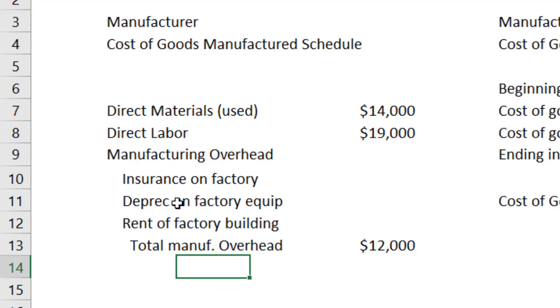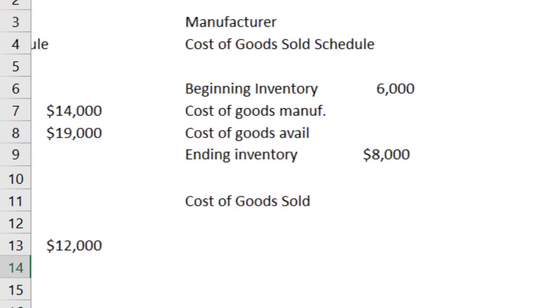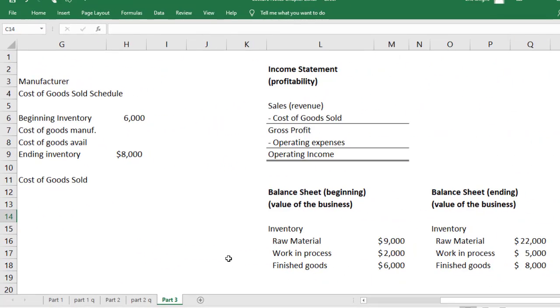This gives us a good start on understanding what the cost of goods manufactured are. However, we're missing an element here: at the beginning of the year we had some skateboards that we had already started but hadn't finished. We call that work in process. So what about the skateboards that were work in process at the beginning of the year? And what about the skateboards at the end of the year that were not finished?